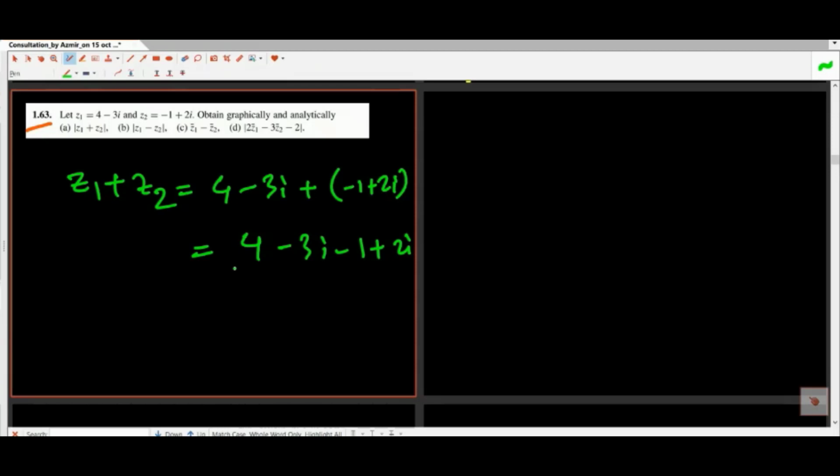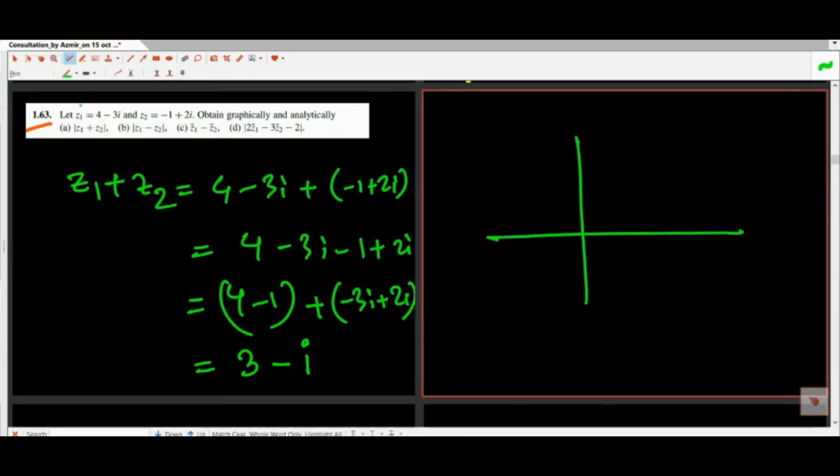That means we have 4 minus 1, plus minus 3i plus 2i. So that is 3 minus i. If we try to locate the first point z1, it is 4, negative 3.